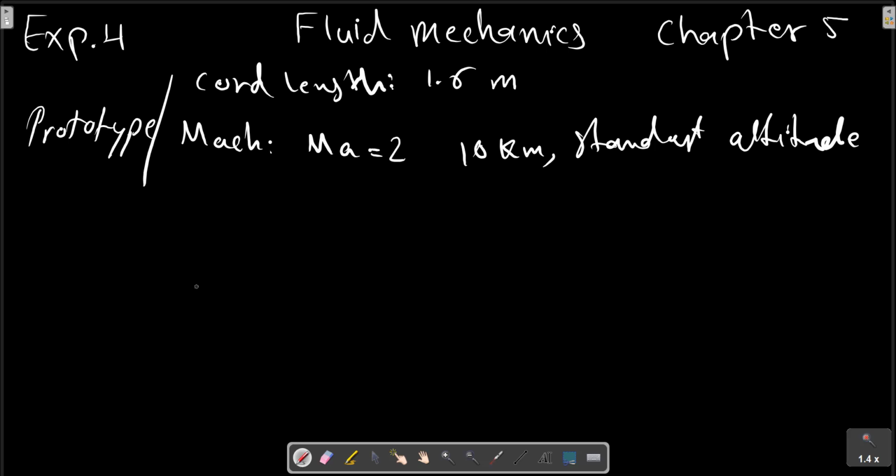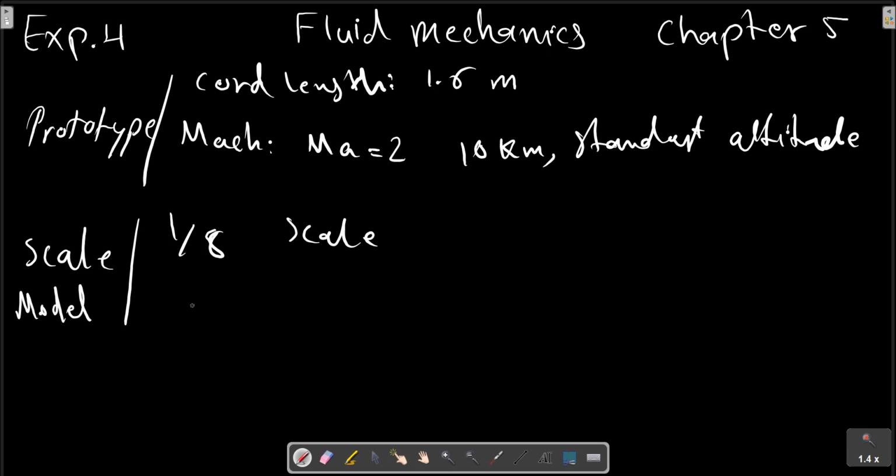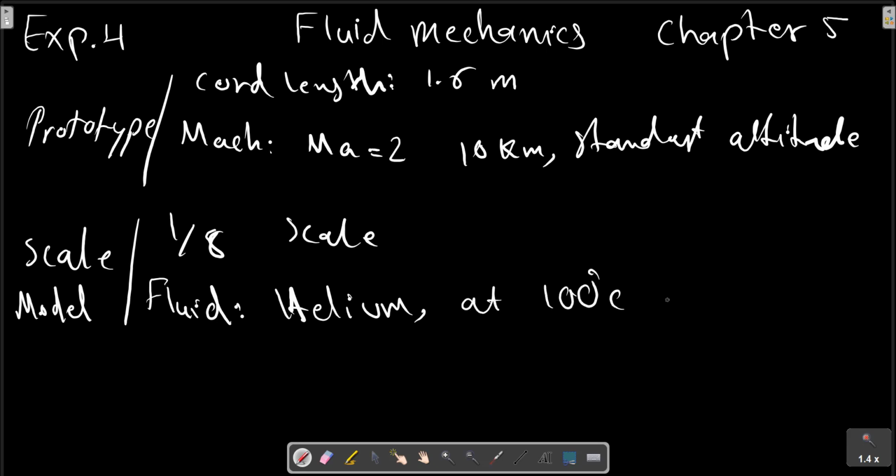A 1/8 scale of the prototype is to be tested in a helium wind tunnel, so for the fluid helium, and at 180 atmosphere pressure.